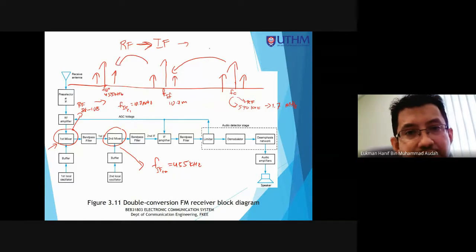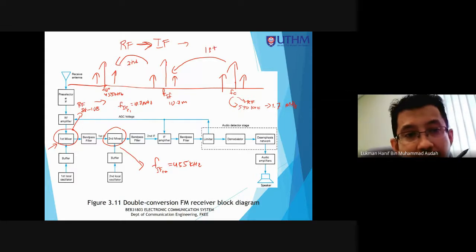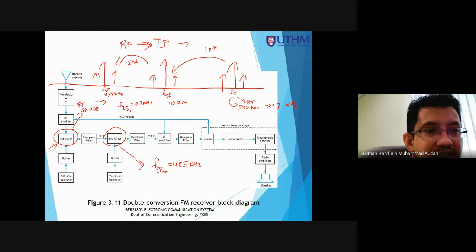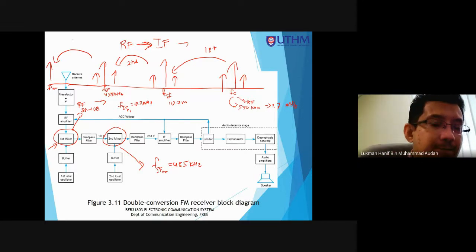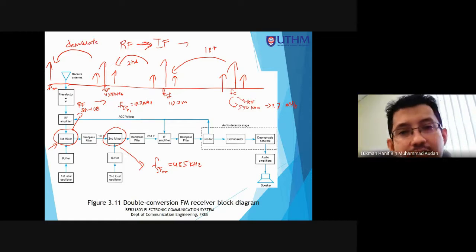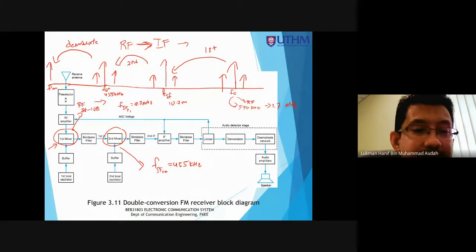Second down conversion ni, first, second down conversion. Barulah, okay, selepas ini barulah dia demodulate untuk mendapatkan signal asal iaitu pada frekuensi FM. Okay, demodulate. Okay, so first down conversion, second down conversion, and then we do the demodulation process.